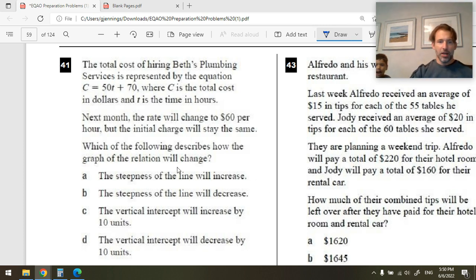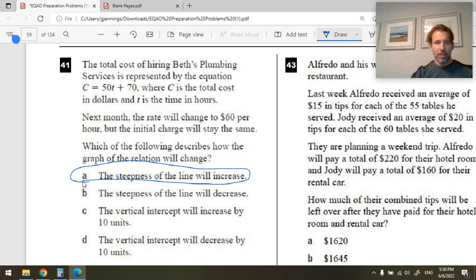Okay, so the steepness of the line will increase. Yes, that's true. They're increasing their rate per hour. So if before the graph started at 70 and went up at $50 an hour, now it still starts at 70, but it goes up faster at $60 an hour, so it's steeper.